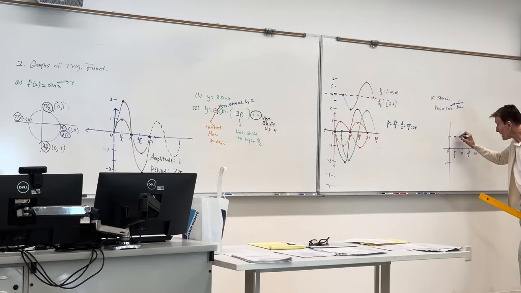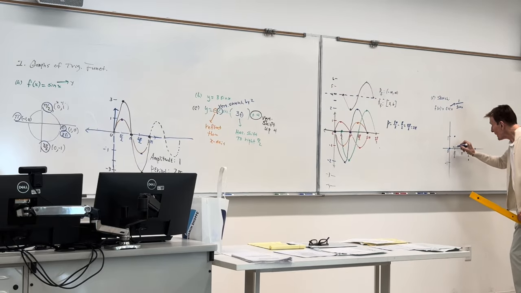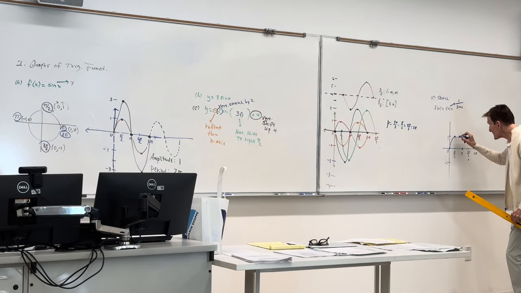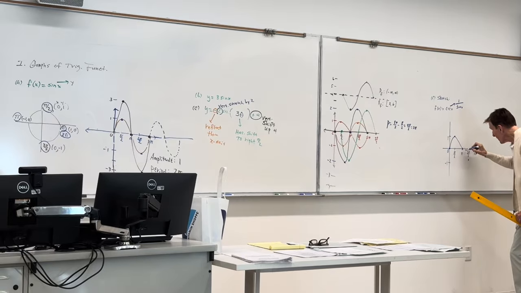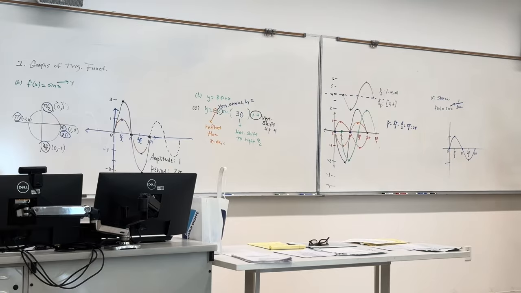Start at 0, goes up to 1, back to 0 at pi, down to a -1, back to 0. And it looks something like this. Now draw to scale, this represents your parent graph.